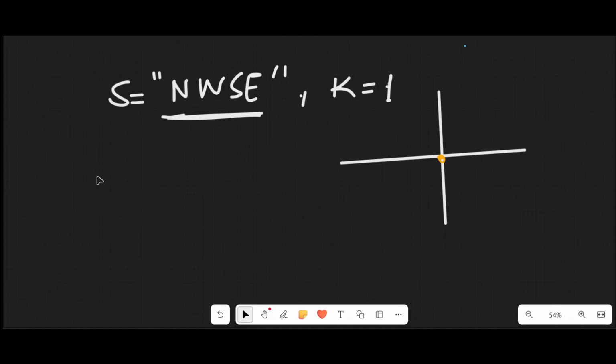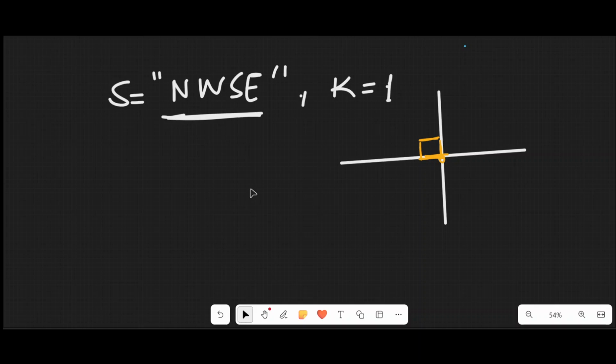So first it's given N, so I shall proceed 1 unit in north, right? And then it's W, so I'll go west by 1 unit, okay? And then it's S, I'll go south by 1 unit, and it's E.